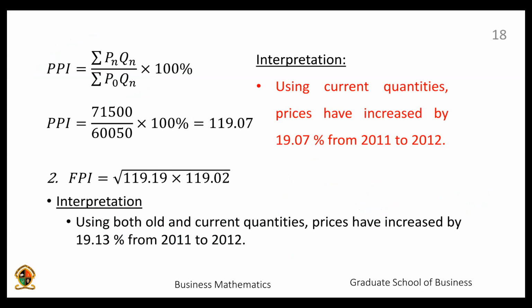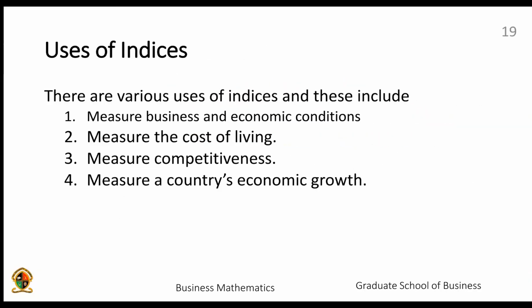So you square root the product of Laspeyres and Paasche indices, and you get Fisher's price index. The interpretation of Fisher's price index shall be that both old and current quantities or prices have increased by 19.3% from 2011 to 2012. The way of treating it is the same. Any questions?